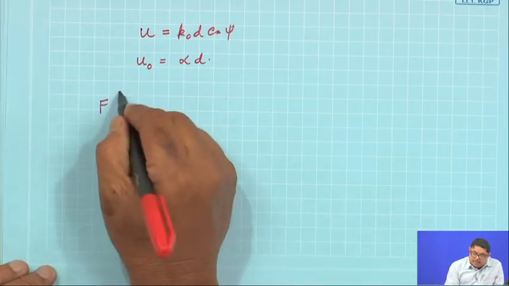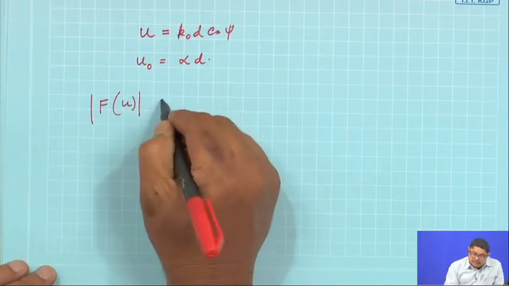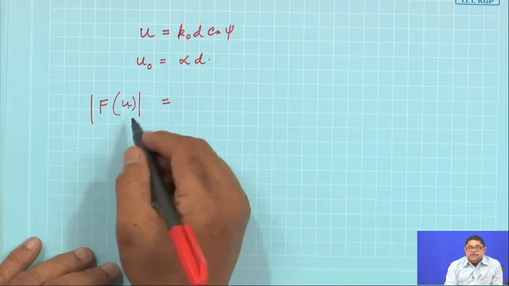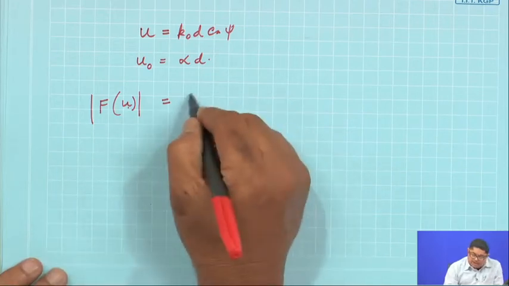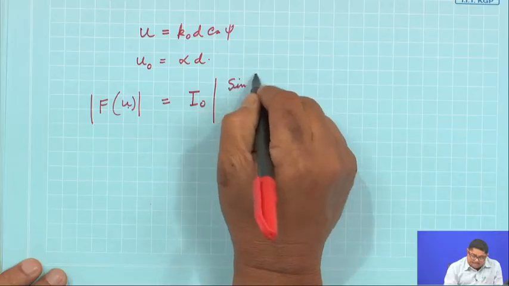So, the same F theta phi is now in terms of u. It is a function of u now, and this becomes I naught sin.